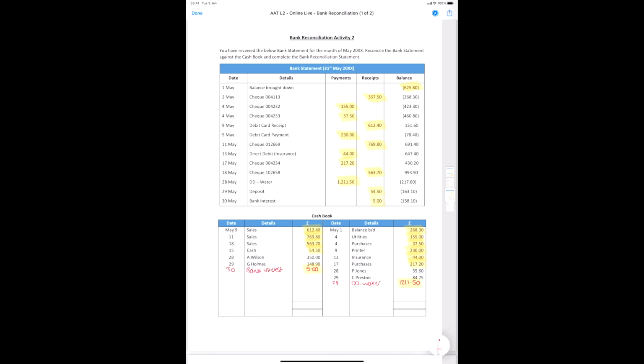We're going to quickly balance off the cash book while we're here. The total on the debit side is £2,504.30. The total on the credit side is £2,303.85. Because that's the lesser side, the balance carried down is going to fall on the credit side.